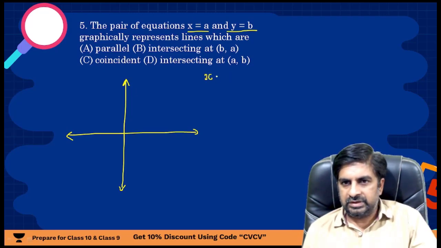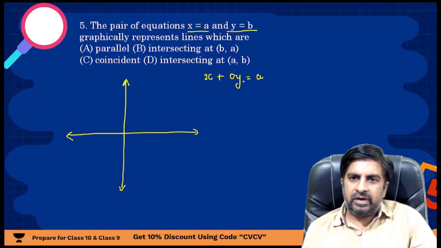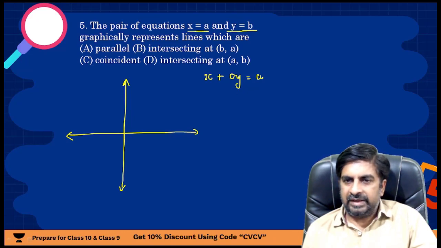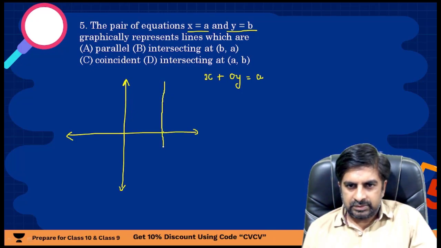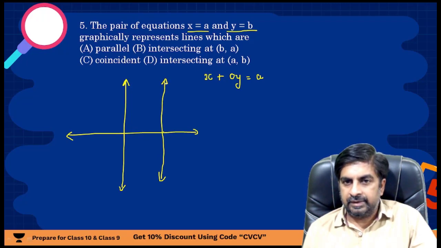Actually you can write this as x plus 0y equals a. Whatever value you keep for y, multiplied with 0, every time you will get x as a only. So I am just taking a somewhere here. Suppose your a is here, then your x equals a will give you this line.